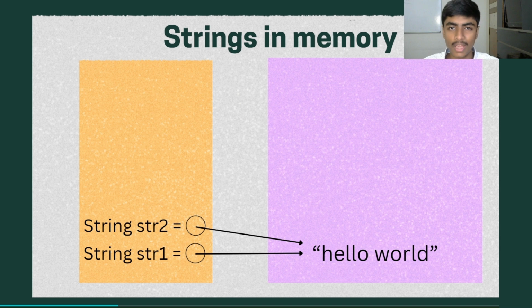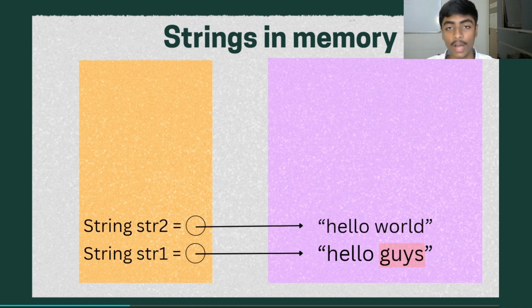Now if you remember, arrays were called mutable, because if two arrays point towards the same set of elements, if I change the element using one array, it will also change for the other array. If you notice, strings don't work in the same way. In this case, both our string objects do point towards the same string. Now let's say using str1, I change str1 to hello guys instead.